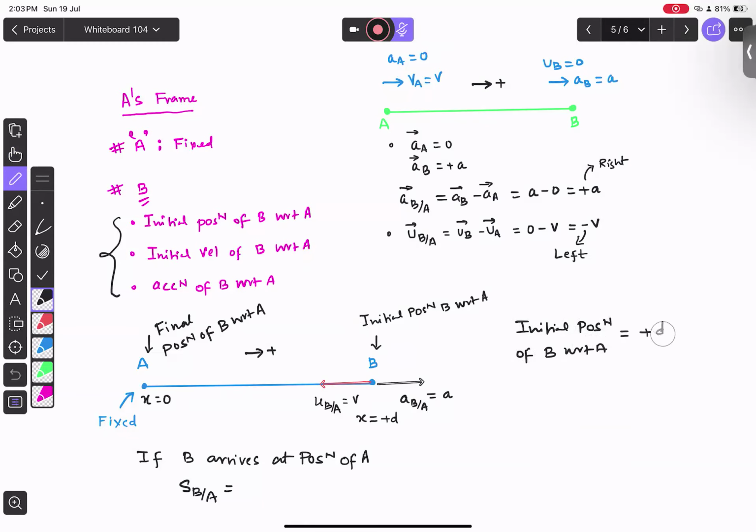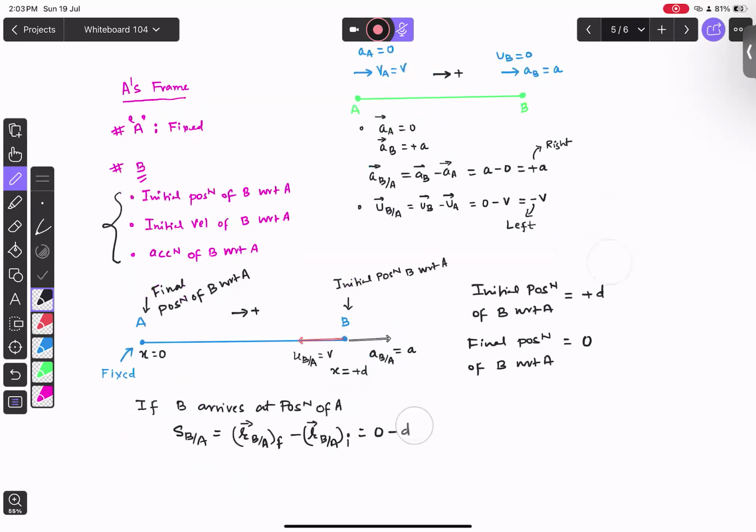The final position of B with respect to A, that is, he is at A, but A is at the origin, so 0. So what will the displacement be? Final position of B with respect to A minus initial position of B with respect to A. The final position is 0. The initial position of B with respect to A is t. So when B arrives at A, the displacement of B with respect to A will be minus t.